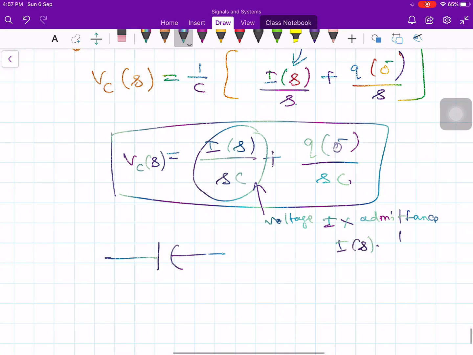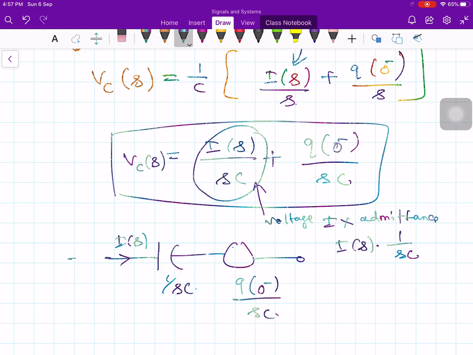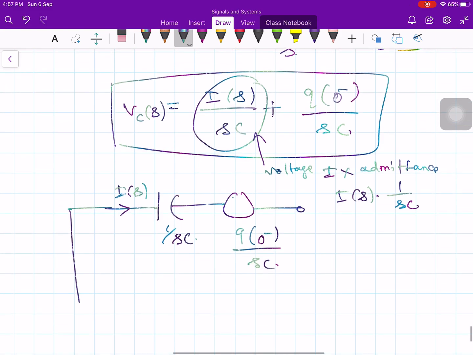So the voltage across the capacitor is I of s times 1 over sc. And then you have the source, some voltage, that is nothing but q of 0 minus divided by sc. This is the voltage which you are measuring between these two terminals. What is that? Vc of s.